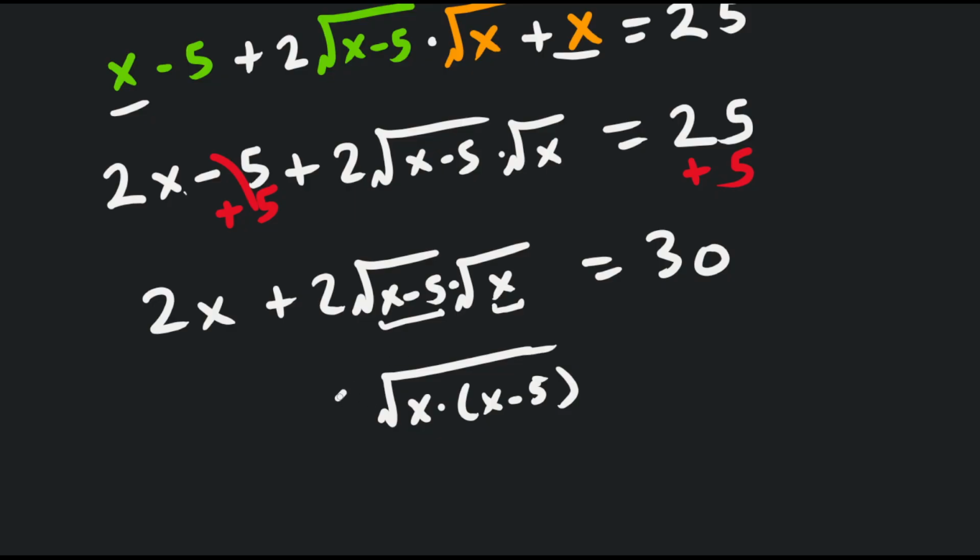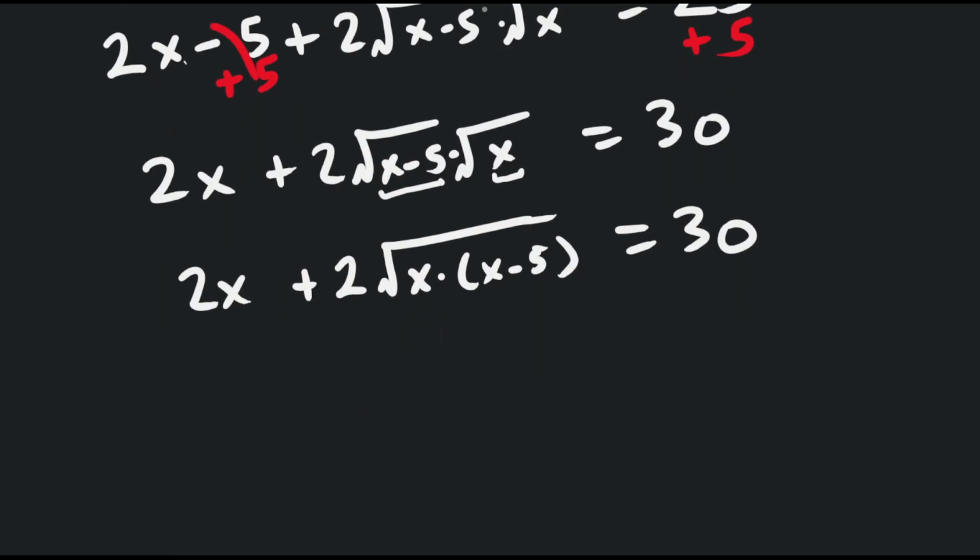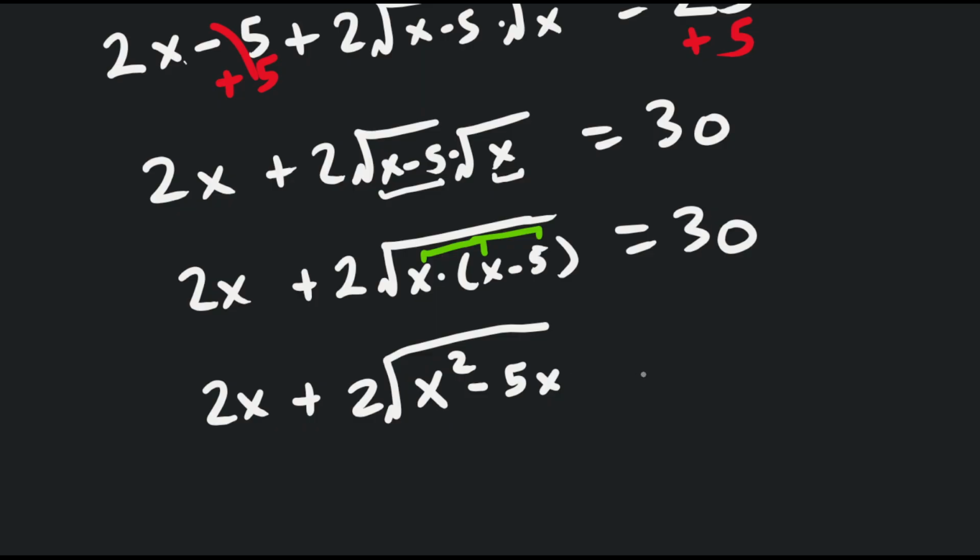Let's put a 2 there, and we'll bring that 2x over there, and that all equals 30. Now let's distribute the x. What's x times x? That's x squared. And then x times negative 5 is negative 5x. That's all underneath a radical.